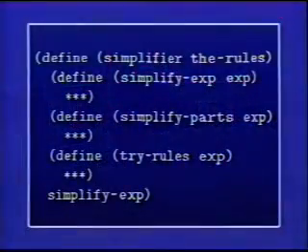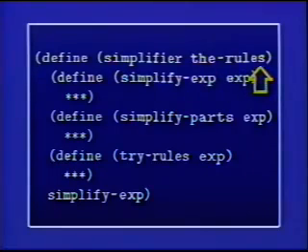Right. The simplifier is made out of several parts. Now, remember at the very beginning, the simplifier is a thing which takes a set of rules and produces a program which will simplify relative to them. So, here we have our simplifier takes a rule set, and in the context where that rule set is defined, there are various other definitions that are done here, and then the result of this simplifier procedure is in fact one of the procedures that was defined.